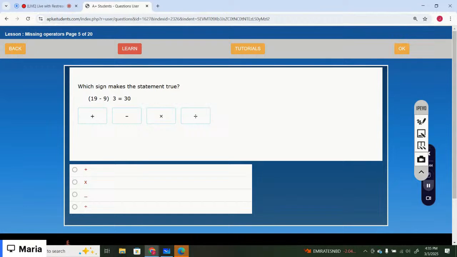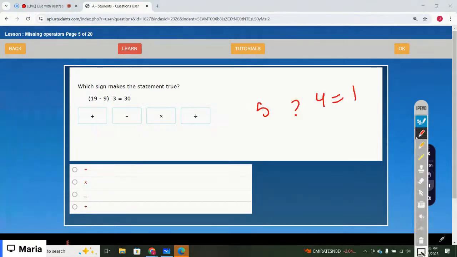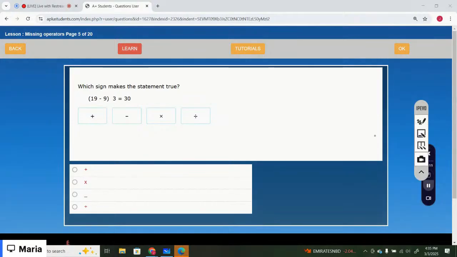Which sign makes the statement true? 19 minus 9 is 10. And 10, what number is it? 30, which is the correct option? That is 10 times 3 equals 30. The correct option is multiply.